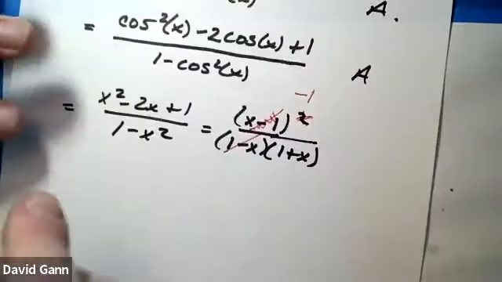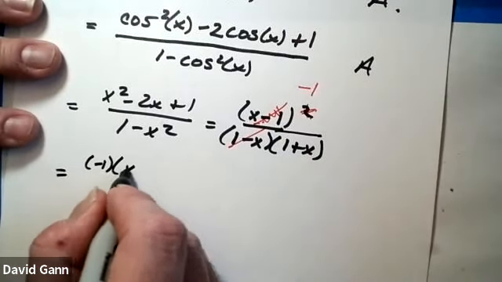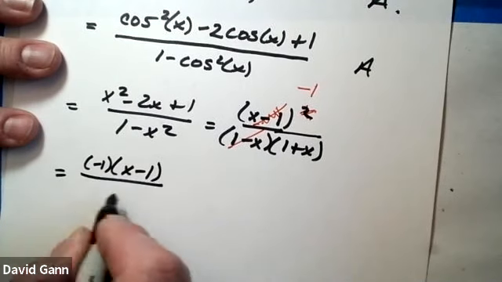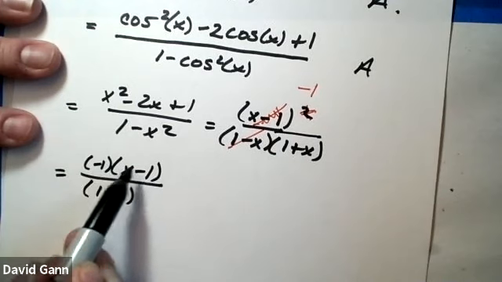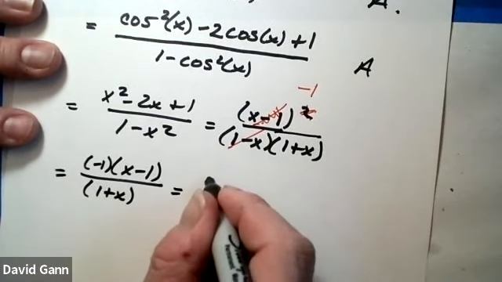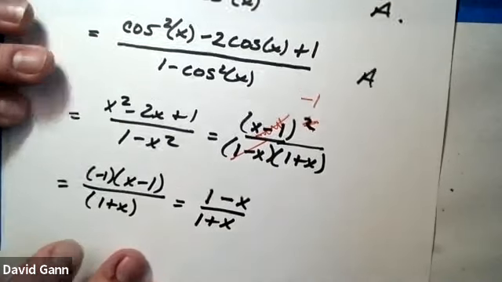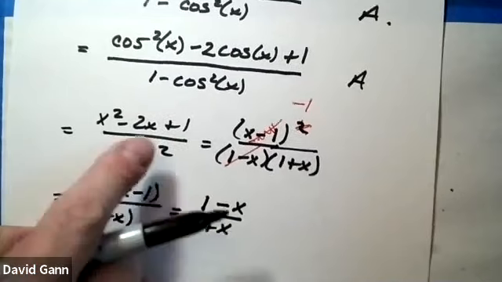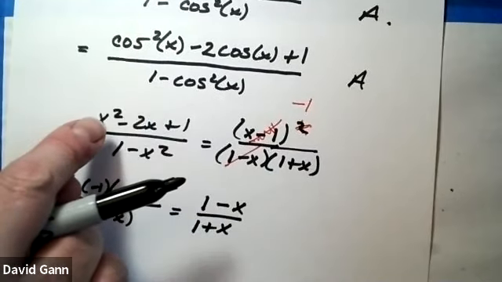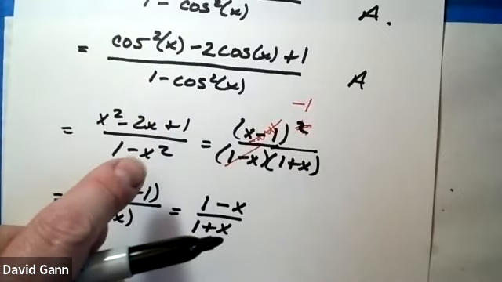And so what you're left with is -1 times x minus 1 all over 1 plus x. And when you factor in this negative sign here, you end up with 1 minus x over 1 plus x. So if this was an algebra problem, this is what we would boil that down to. Now what's the difference? Instead of x, we have cosine of x in every place that x would appear.